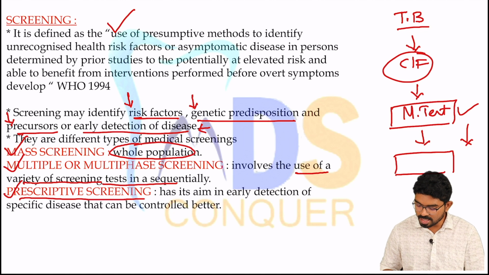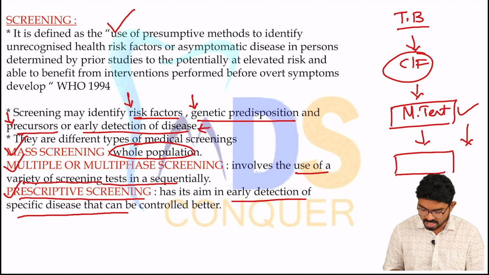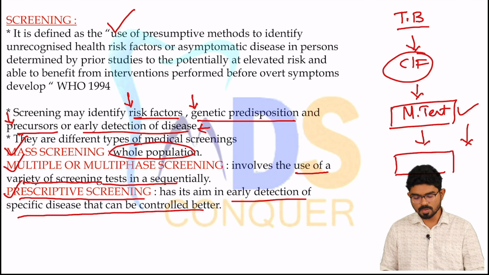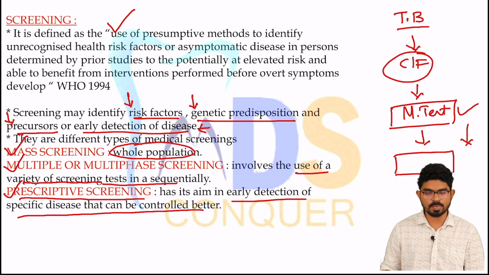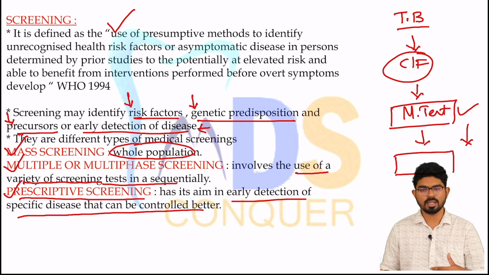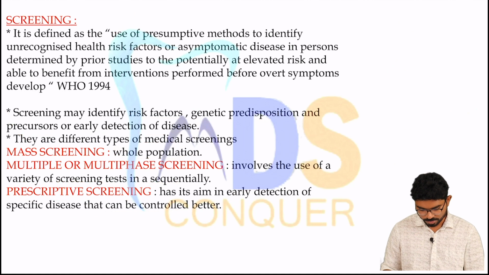This aims at early detection of a specific disease that can be controlled better, which is specific to a specific individual. So these are the different types of screenings. It's better to make a note rather than leaving this, because the question basically revolves around the simple definition of screening, which is a most commonly encountered question.